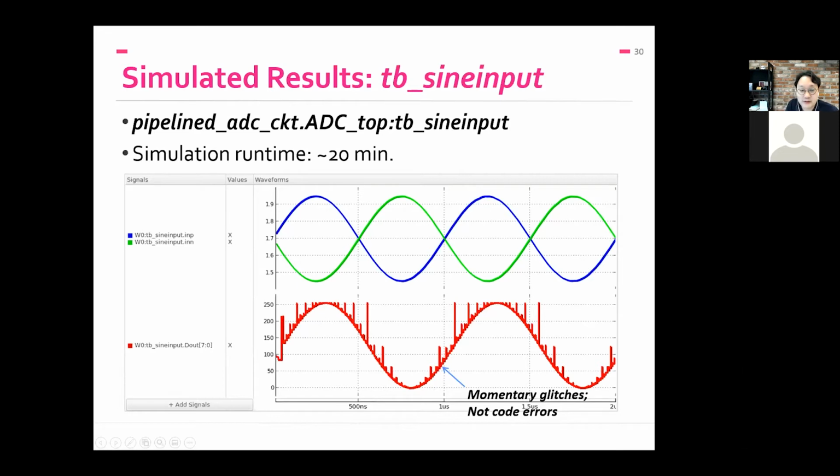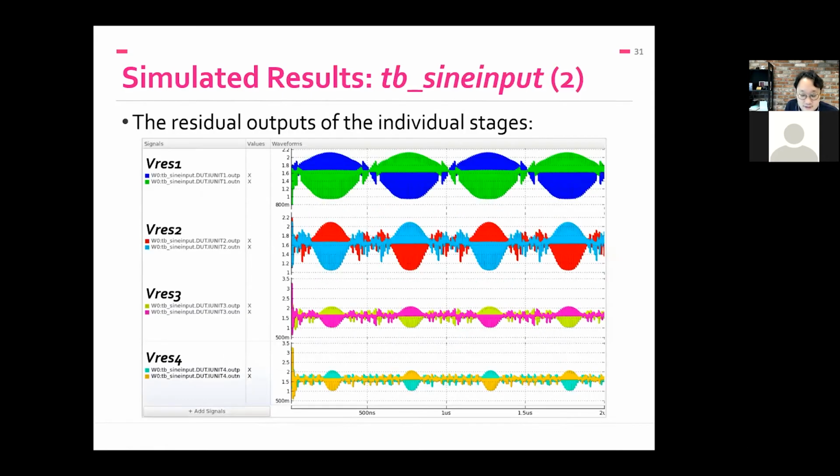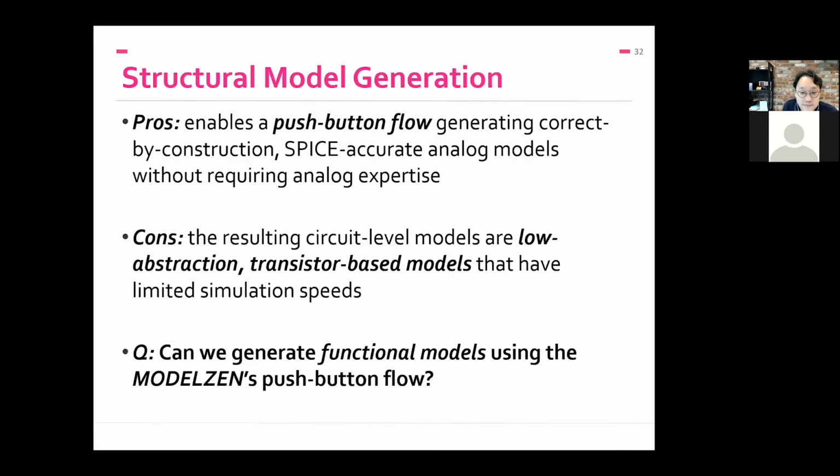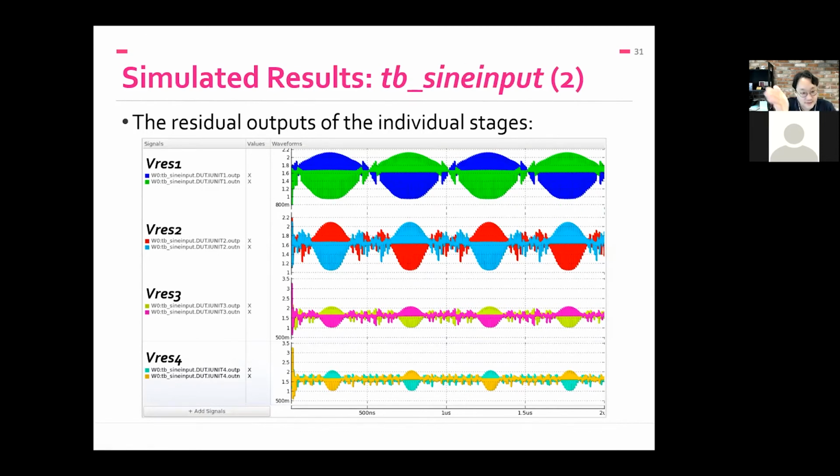They're momentary glitches because we're not really sampling the final output. And this is the waveform of the individual stages. I just glimpsed through these waveforms to show that this circuit level model, the structural model we generated just by clicking this button, runs as if it's SPICE. But what we are really running is SystemVerilog.